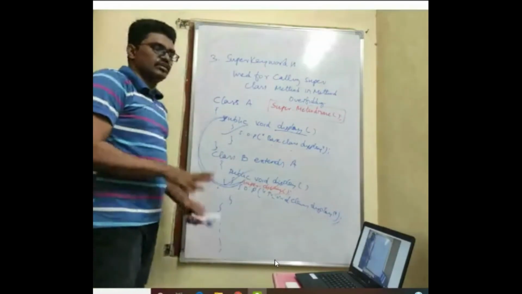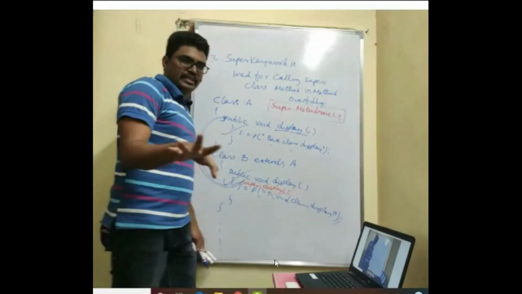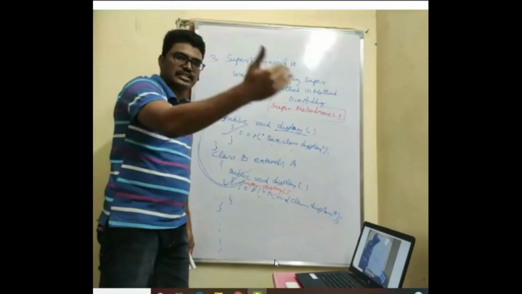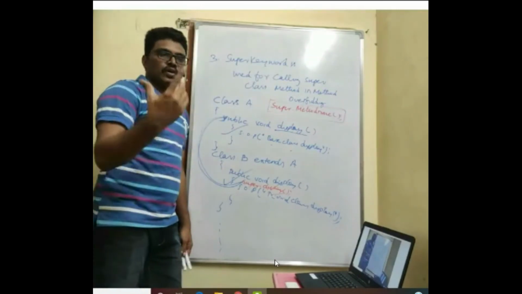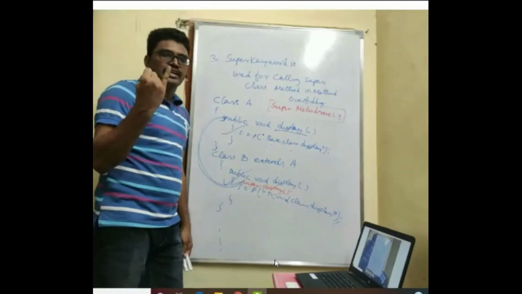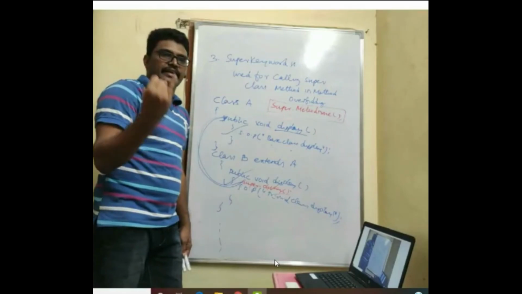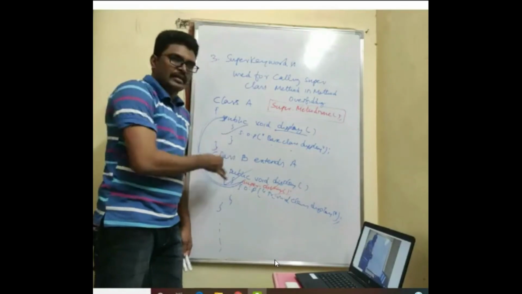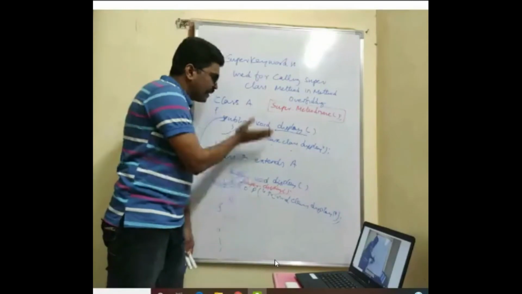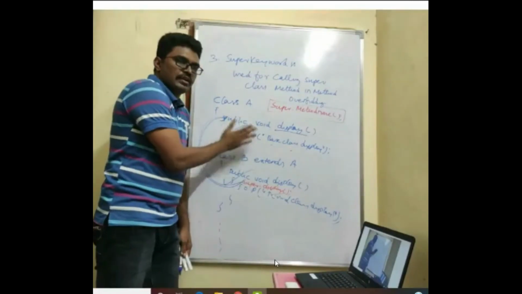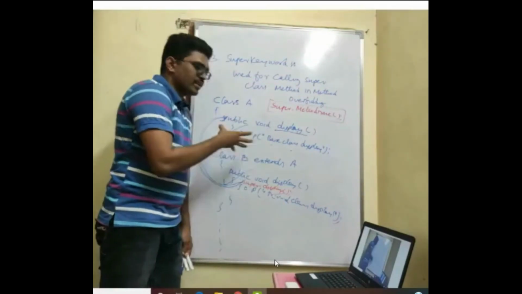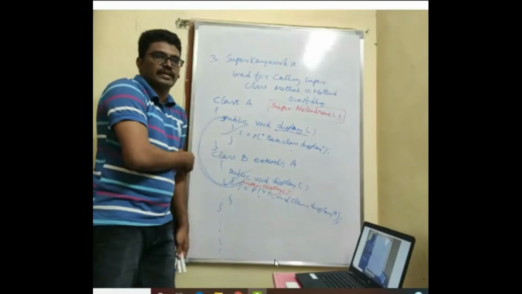In case of overridden methods, if you want to execute both base class version and derived class version, one option is by using the concept of dynamic method dispatch. The second option is by using the super keyword. Whenever I use super keyword, the base class version of the method will be invoked, as well as the derived class version of the method.